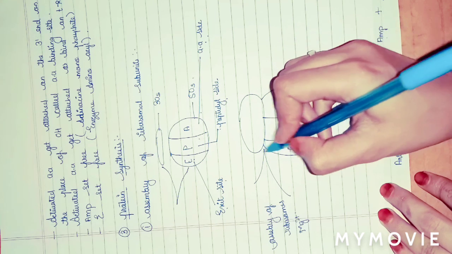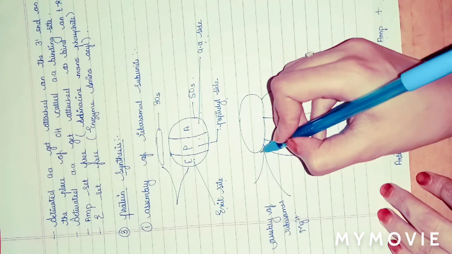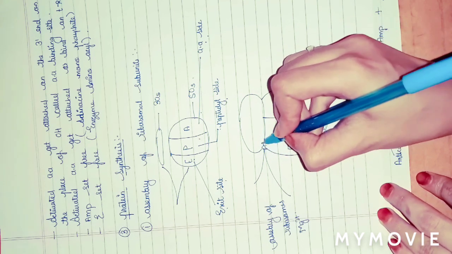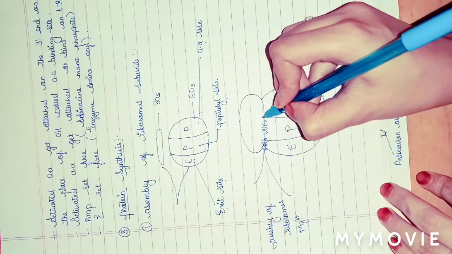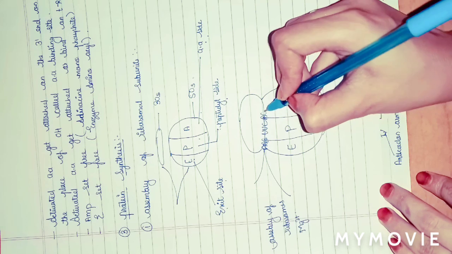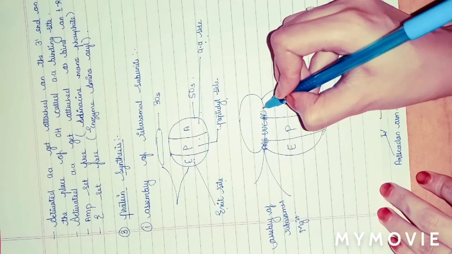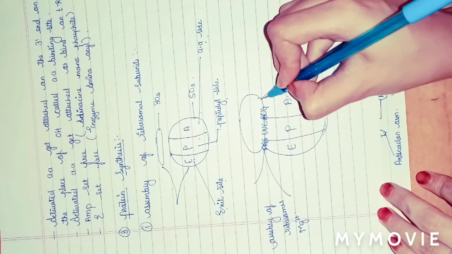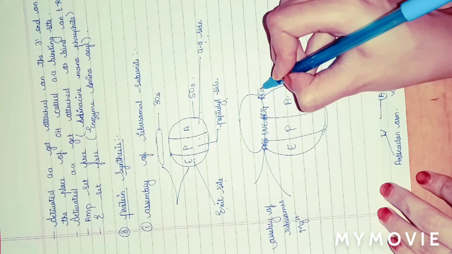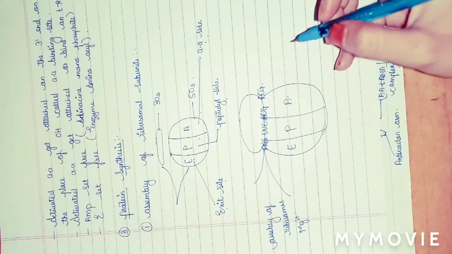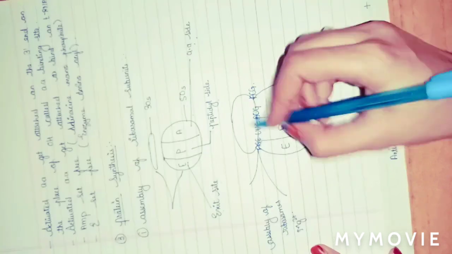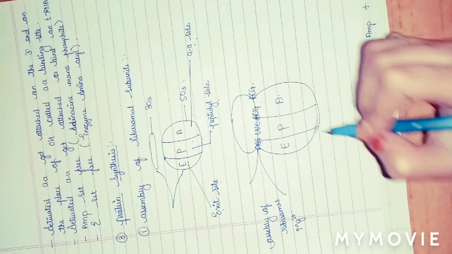Now here we will write some codons such as AGC, UUC, AUG, ACG. Now we'll write the steps of this.